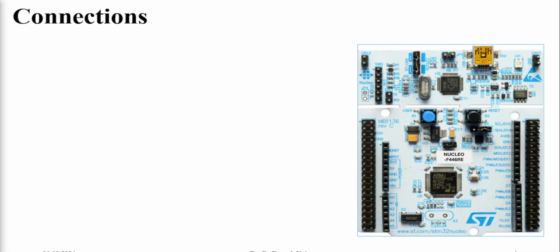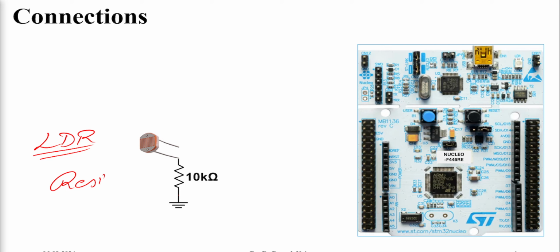Now let us talk about the connections. We will use the Nucleo F446RE Microcontroller Board. We will use an LDR, which is light dependent resistor. With that, we will connect a 10 kilo ohm resistor in series, which will be connected to the ground.